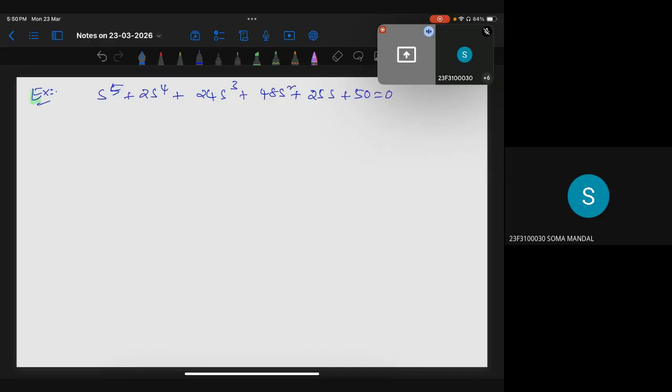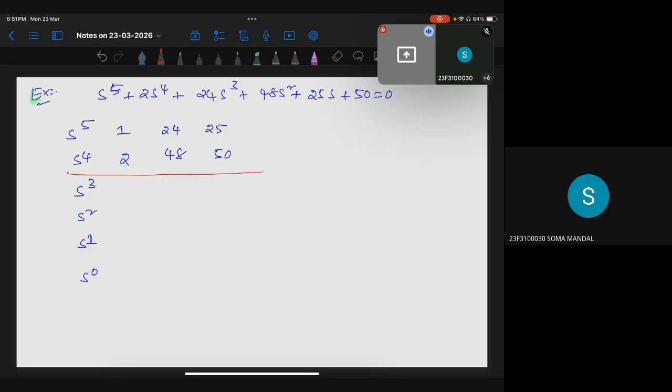Now tell me s power 5, s power 4, s cube, s square, s power 1, s power 0, correct? So what are the values? 1, 2, 24, 48, 25, 50. Am I correct? Yes, sir. Correct.